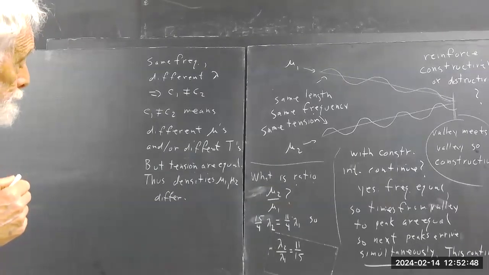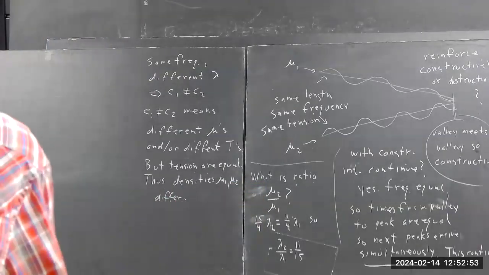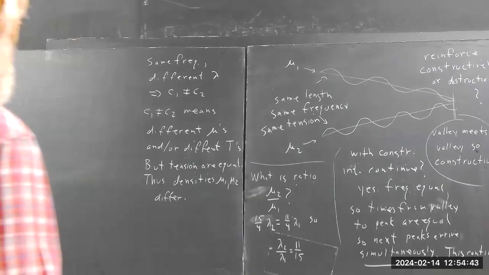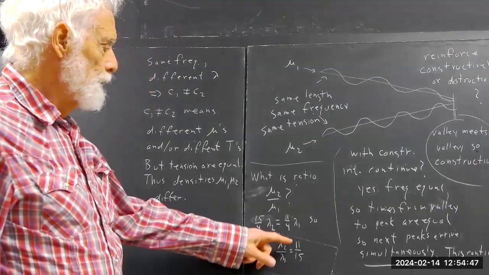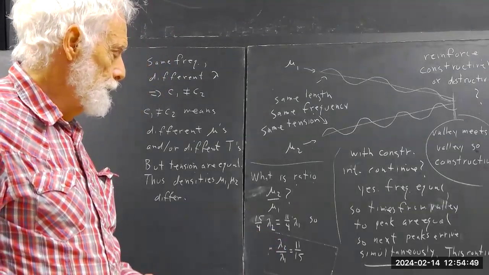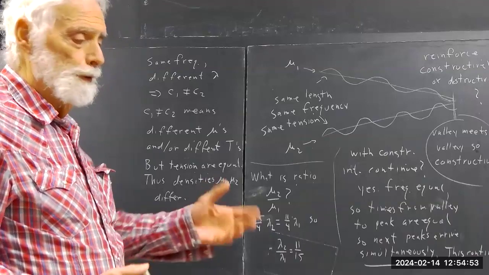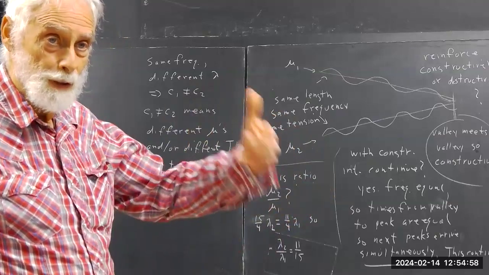Well, so I ask, what's the ratio of mu2 to mu1? Any speculation at this point? I think we said that this will also be the ratio of the speeds of propagation. And of course, you've got the formula: the speed of propagation is frequency times wavelength.